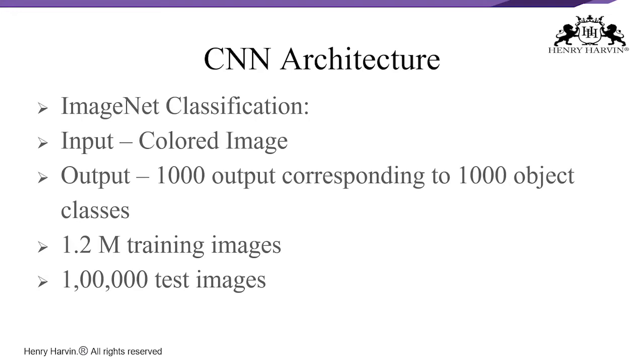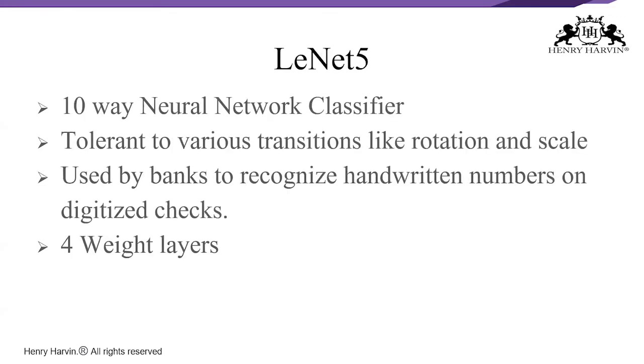There we had 60,000 training images, but in ImageNet we have 1.2 million training images. And there we had only 10,000 test images, but here we have around 1 lakh test images, right? These are the most famous case studies in CNN architecture.